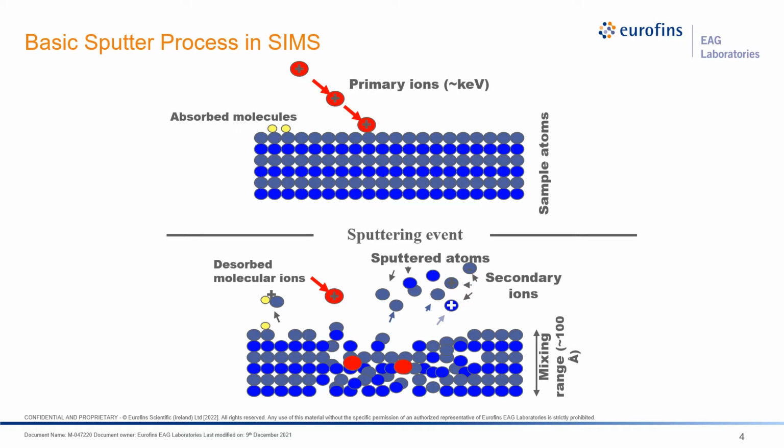The higher the kinetic energy, the higher the mixing range. This mixing range controls the depth resolution. Minimizing the kinetic energy of the incident ion increases the resolution of the SIMS in the depth profile mode. And we're going to see examples of that.